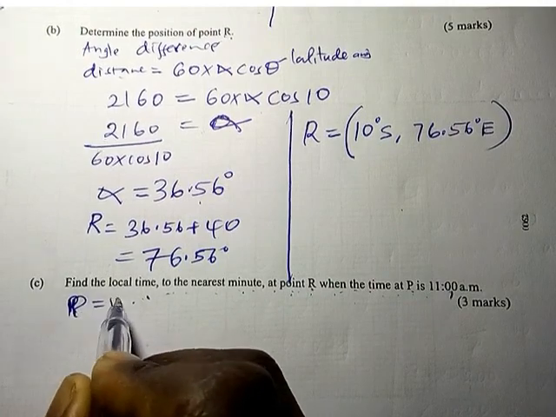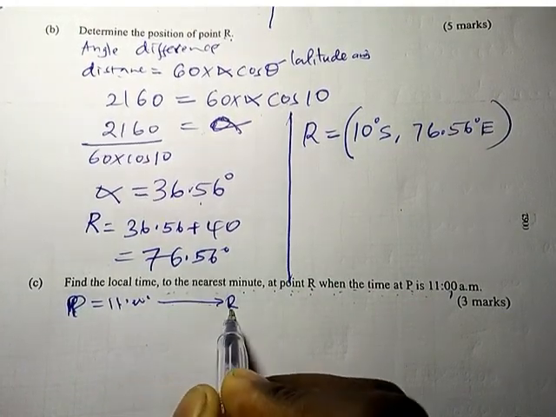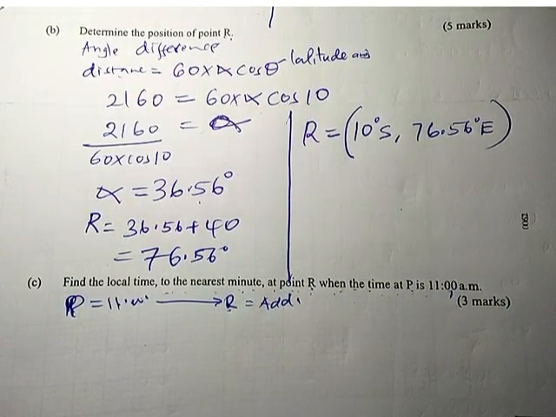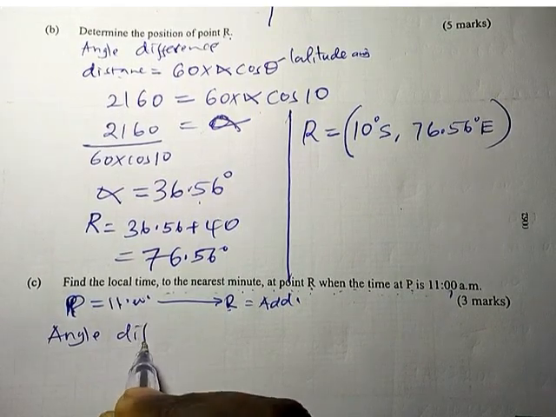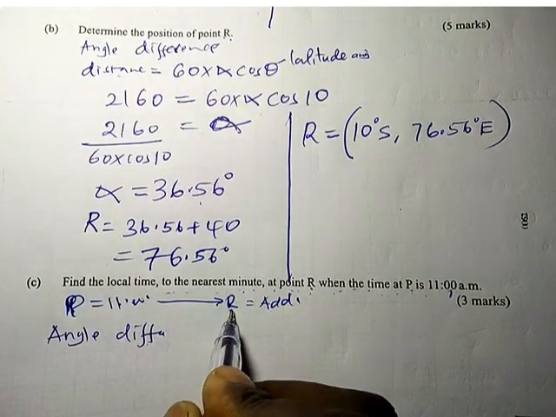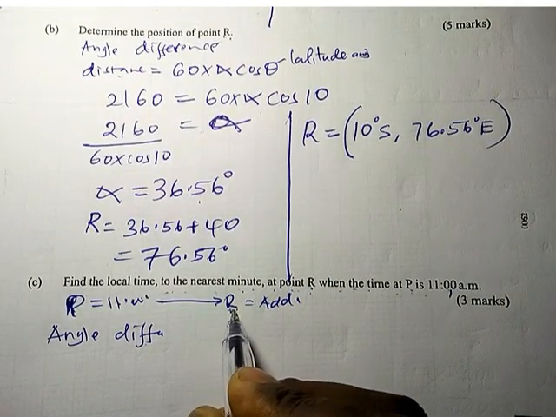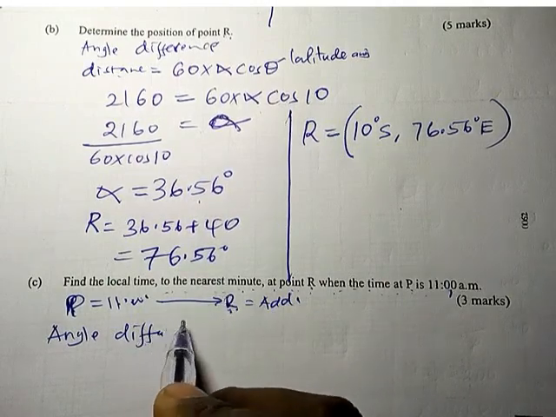So now we have R, and P is 11 and it is moving towards R, to the east. To the east, we are going to add the time. So first, let us get the angle difference. Remember, for time we only use the longitudes.